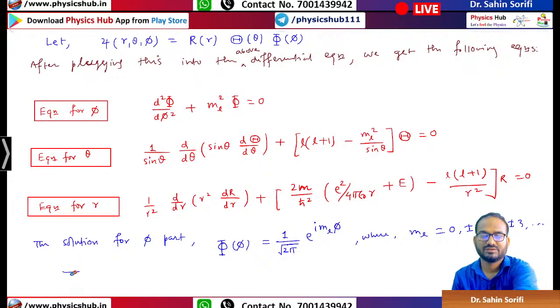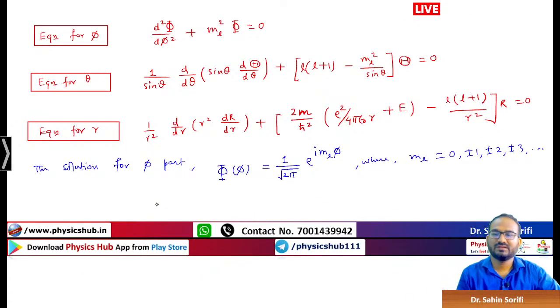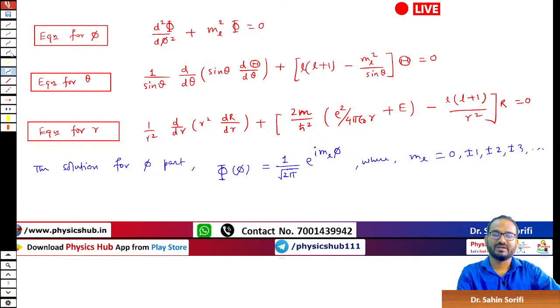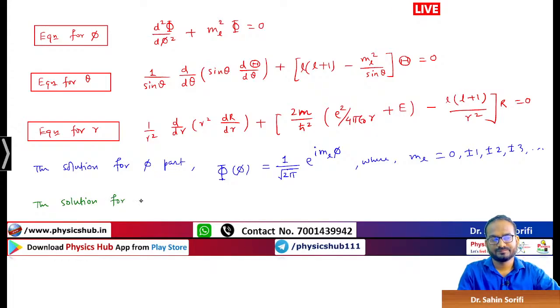What about the solution for the theta part? Look, the detailed solution is long, but we are avoiding it, otherwise it will take many hours, and that is not so useful either. So what will be the solution for the theta part?